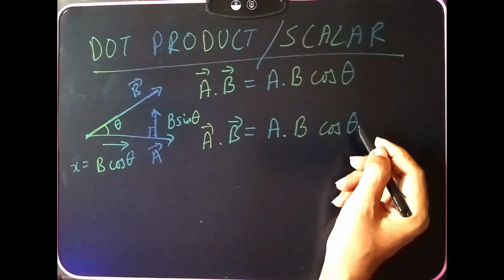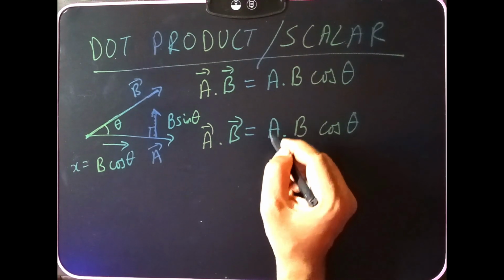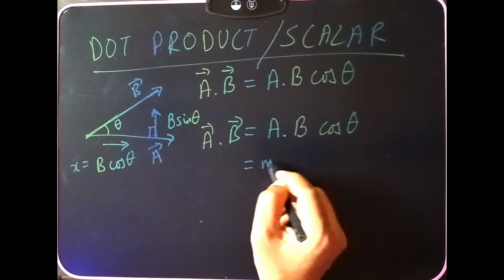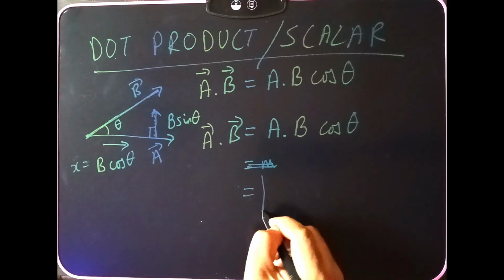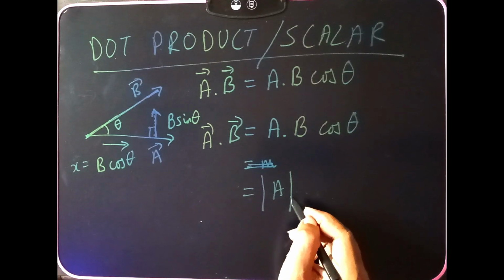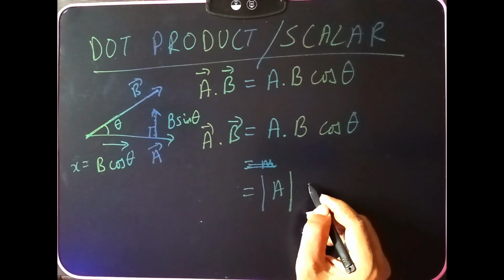So what we can see here, dot product is the product of magnitude of A and magnitude of component of B along A, right?